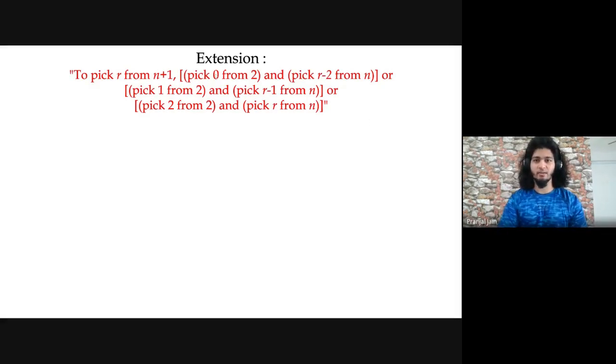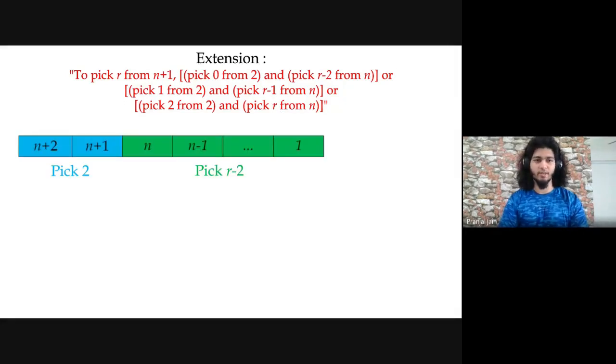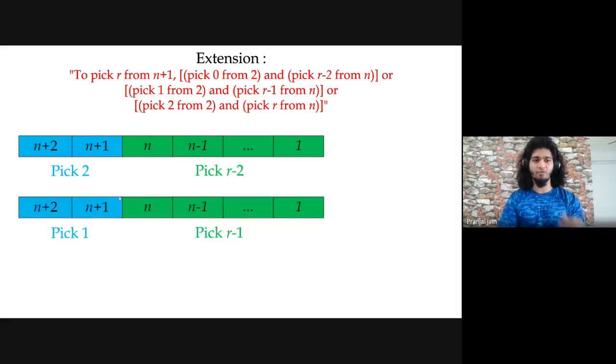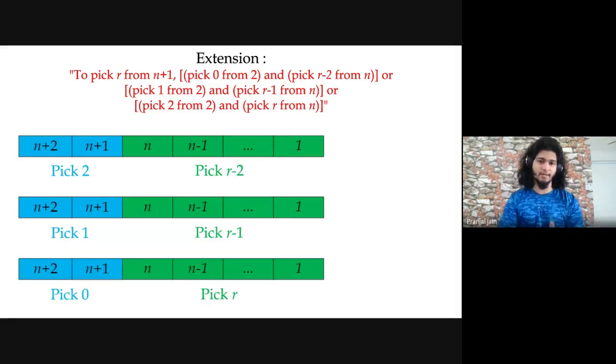It should be 0 and r, 1 and r minus 1, and 2 and r minus 2. If that's confusing you, the visuals will hopefully help you. So I can pick 2 from the left and r minus 2 from the right. That's one case. I can pick 1 from the left and r minus 1 from the right, or 0 from the left and r from the right. And this again covers all cases without any double counting. So you should make sure that that is the case.